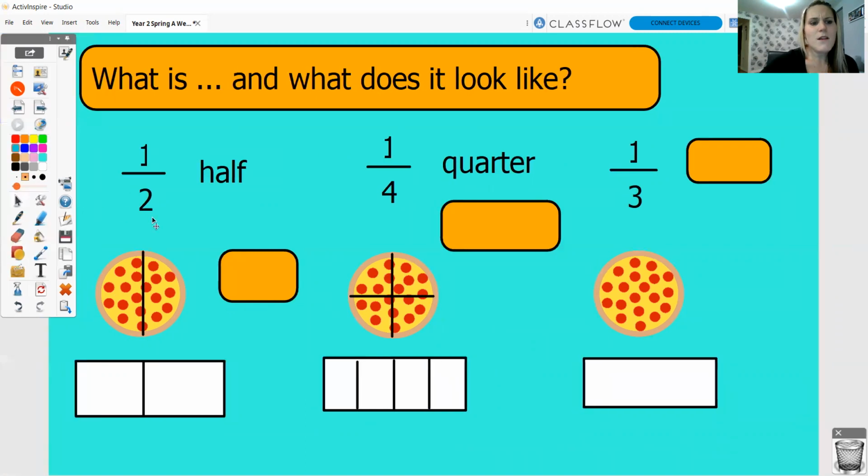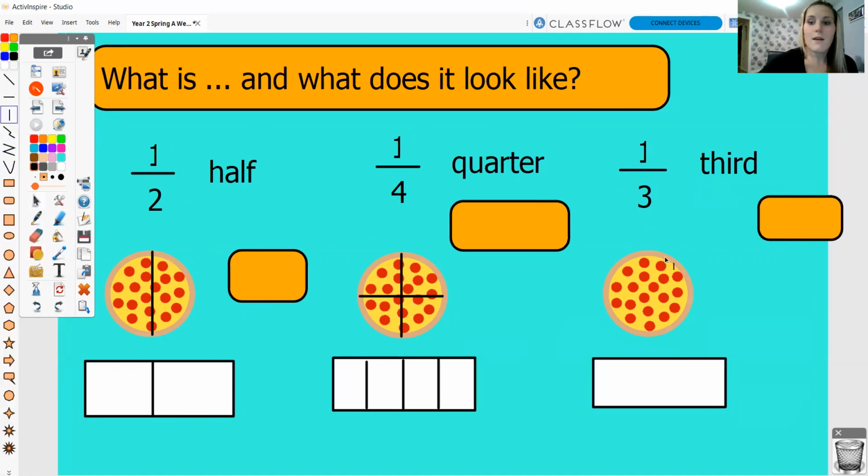And then if this one's half and this one's quarter, this one has a 3 as the denominator. So this one is thirds. You guessed it, we cut the pizza into 3 equal parts, or we cut the bar into 3 equal parts.